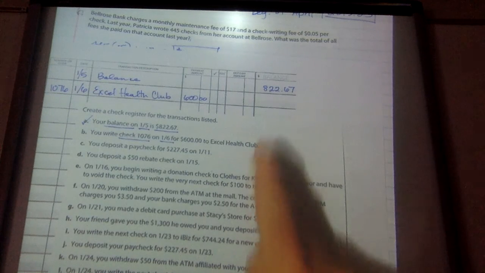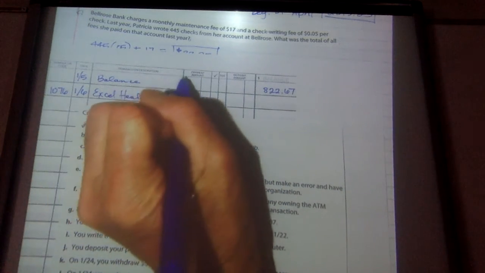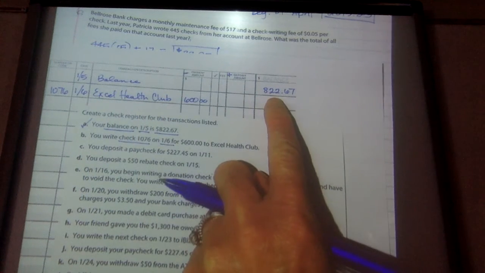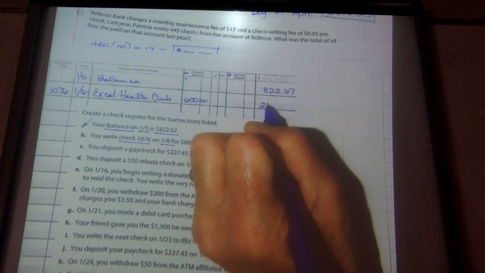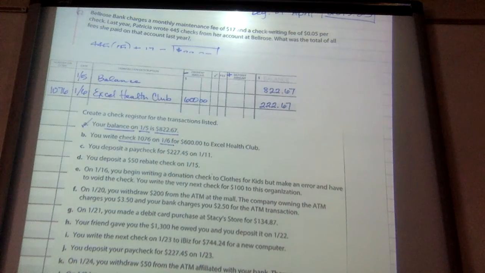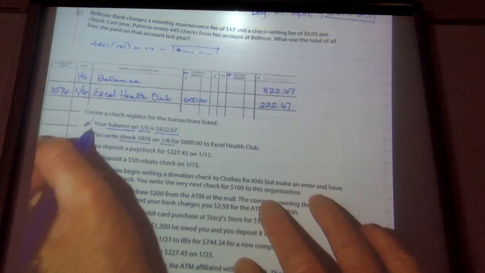So I'm going to write my new balance. So a payment, right? These are subtraction amounts. These here are deposit amounts. So take your balance, subtract 600, and I should have $222.67 left. Okay, so that takes care of B.